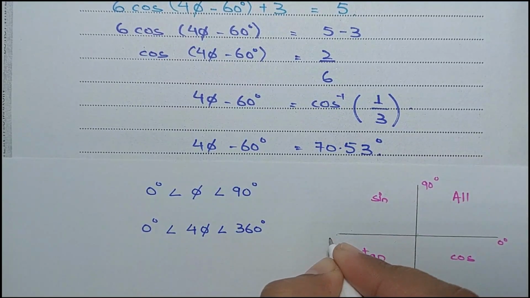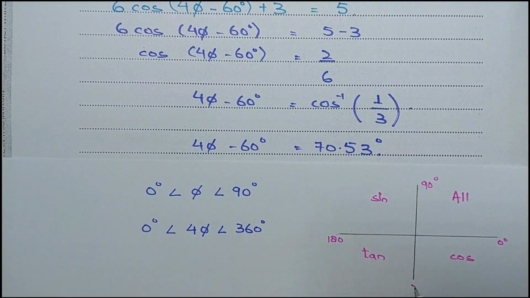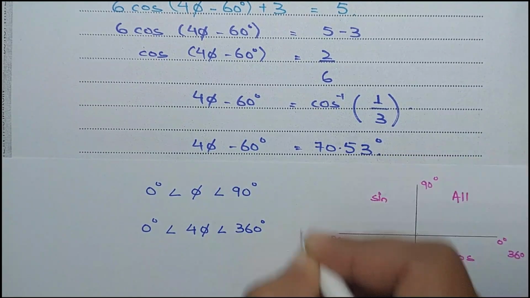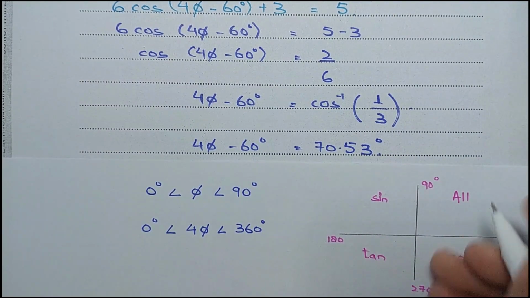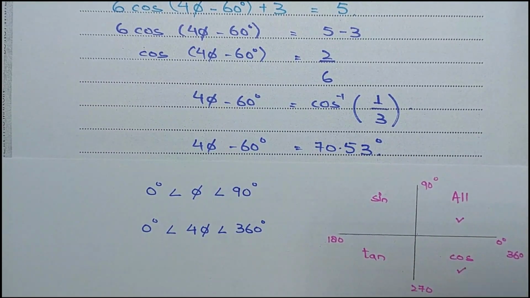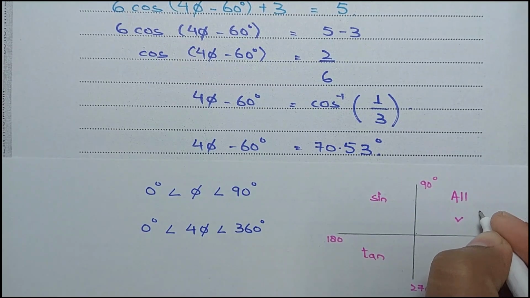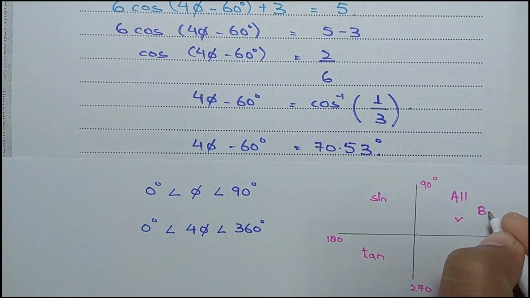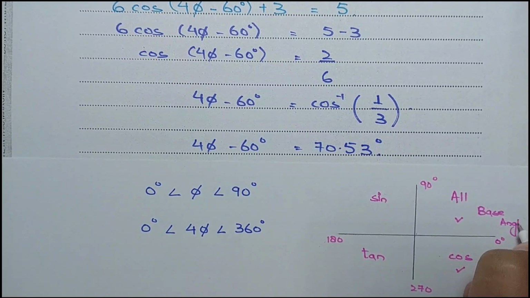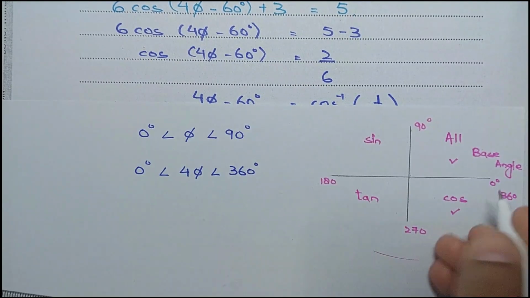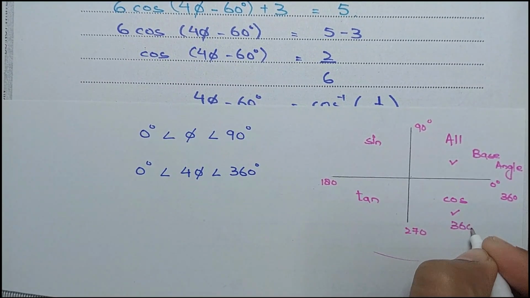Since the domain for 4 phi is 0 to 360, this is 0 degree, this is 90, this is 180, this is 270, and then again this is 360 degree, right? From 0 to 360, cos is positive in the first and in the fourth quadrant. The first quadrant is the base angle, and for the fourth quadrant we do 360 degree minus the base angle.